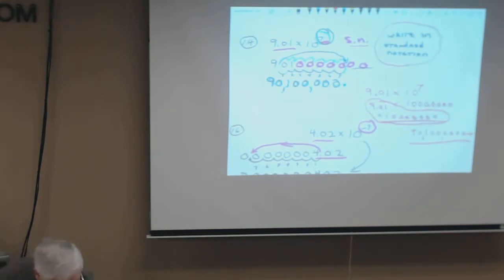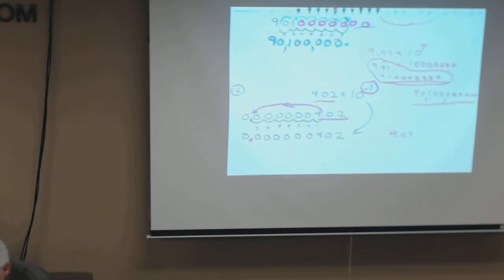Number 16 says 4.02 times 10 to the negative 7. Now, see, that would be 4.02 times 1 over 1 with 7 zeros.